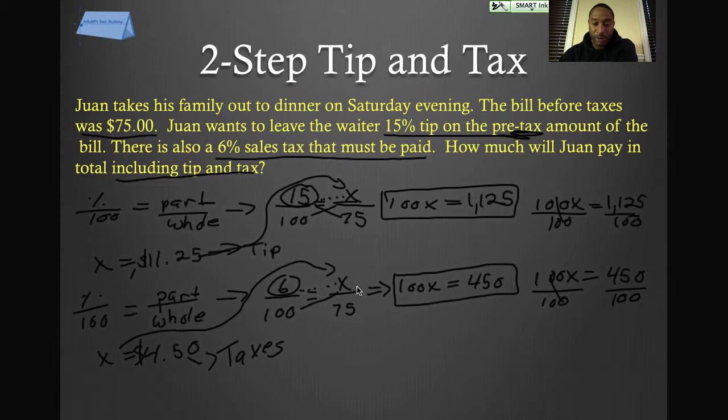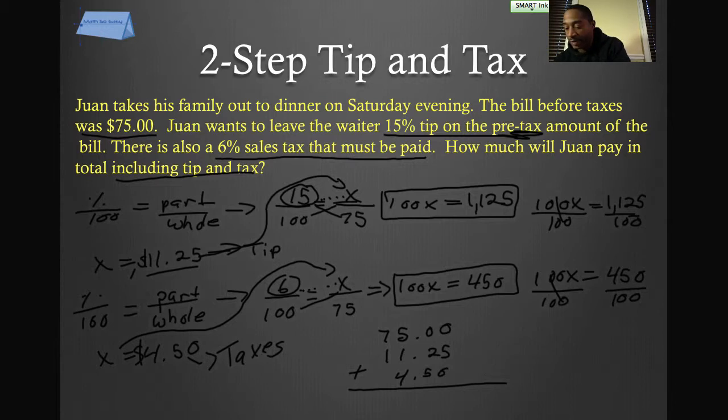So now I know that the original bill was $75. I know the tip I left was $11.25. And I know the taxes that I left was $4.50. And now the total, I have to add all that together. Go to my trusty calculator. And what do I have?